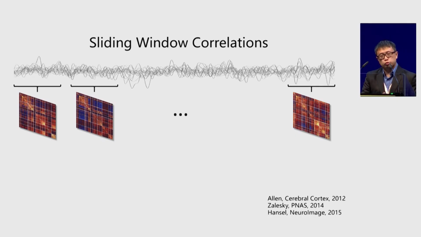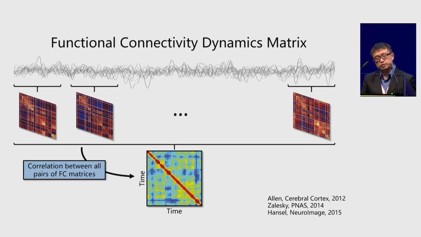I feel that one nice way of visualizing all these matrices, because there are many, is to compute a functional connectivity dynamics matrix. What this does is compute correlations between all pairs of these sliding window connectivity matrices. Shown here, the matrix below is a T by T matrix, where T is the number of sliding windows.